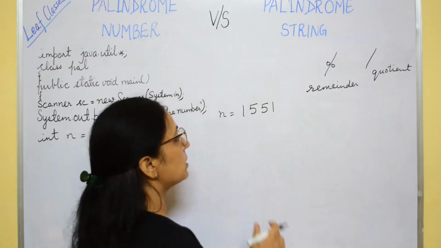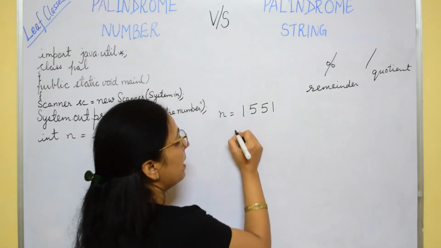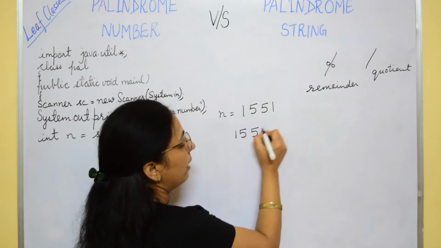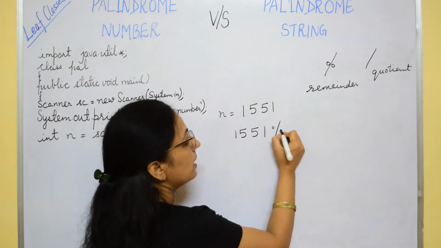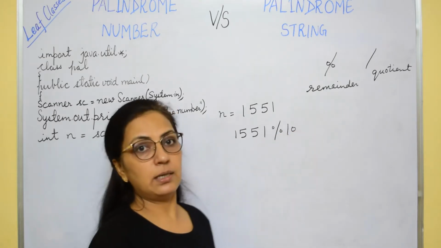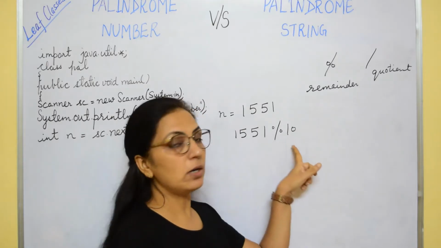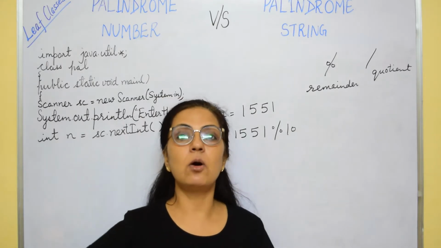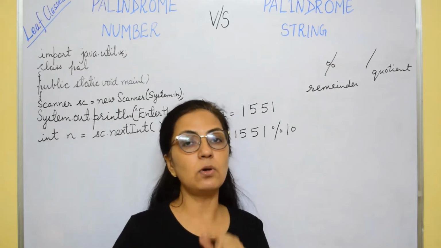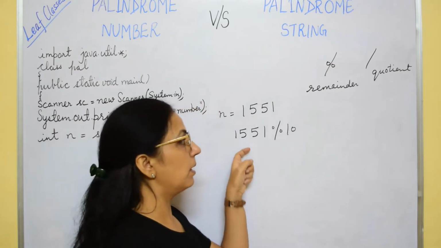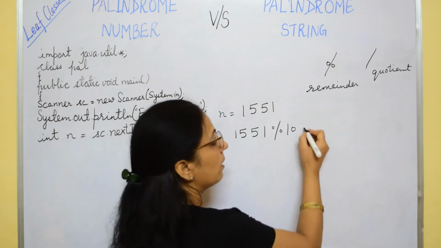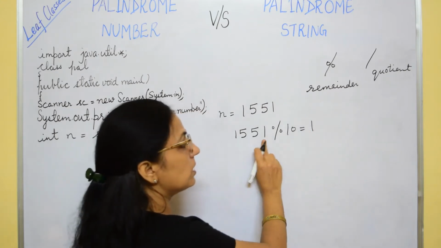So how to proceed? If the number is this, I am taking 1551 modulus 10. The mod operator gives you the remainder, and modulus 10 always gives you the rightmost digit of the number. Now how will it give you 1? The rightmost digit is 1.